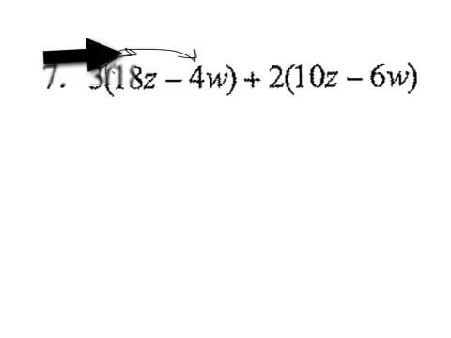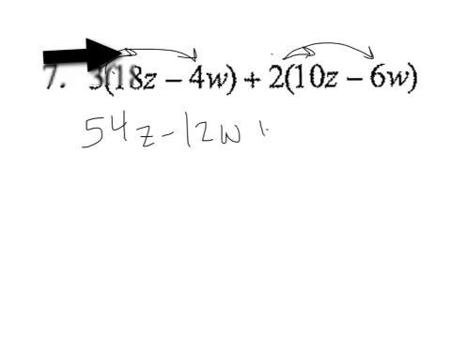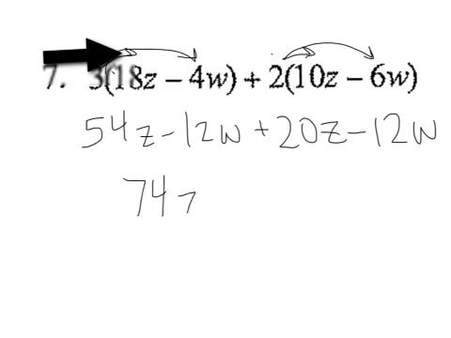So 3 times 18 is 54z minus 12w plus 20z minus 12w. Now you're going to combine like terms. You have a 54z and a plus 20z for a total of 74z. And then you have two negative 12w's for a negative 24w.